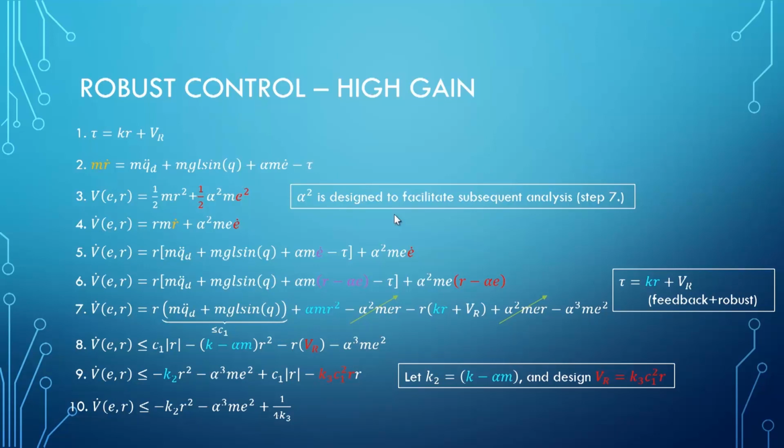This is a constant, it's a constant that depends on K3. So the constant can be decreased by increasing K3. And if you don't consider this third term, the first two terms can make the system negative definite, right? But when you have this term, it becomes UUB, okay?